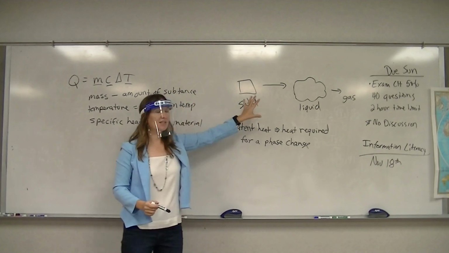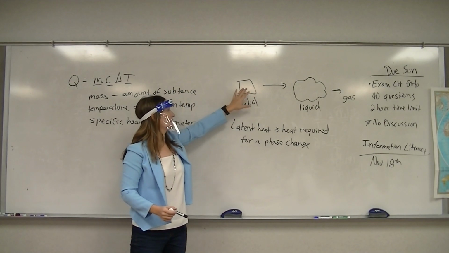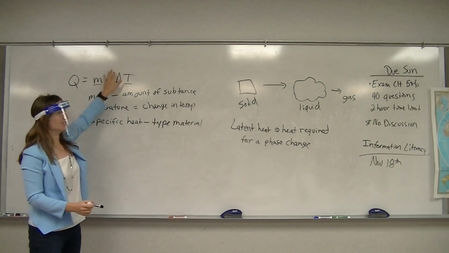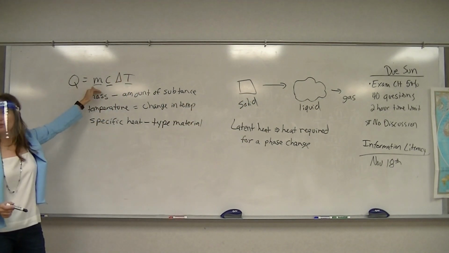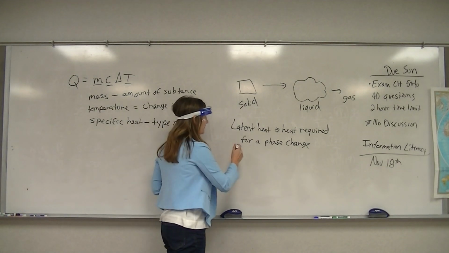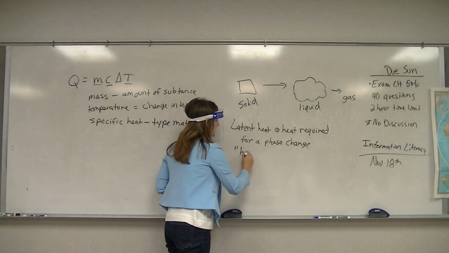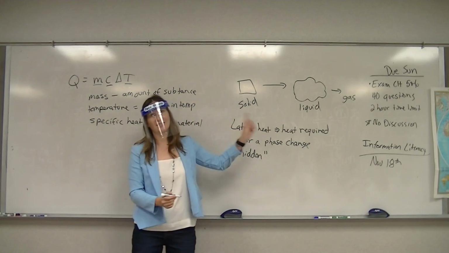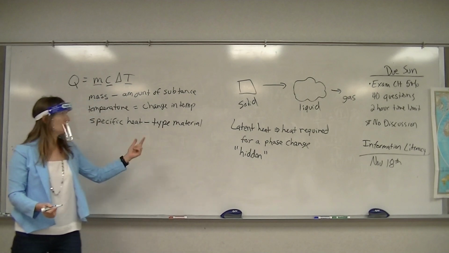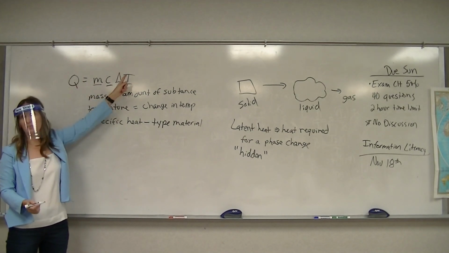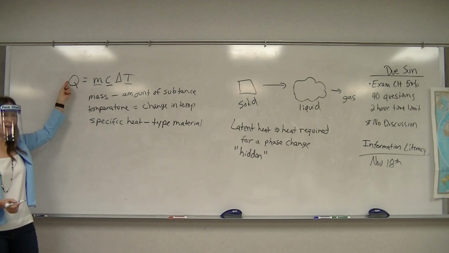So the heat going into the system, the heat melting this ice cube, isn't actually causing a temperature change. So we can't measure it using this equation. That's why it's called latent heat. Another term for latent heat is hidden. It's hidden because you don't see a temperature change. So since we don't see a temperature change, we can't actually calculate it because the temperature change would be 0, making this Q value 0.